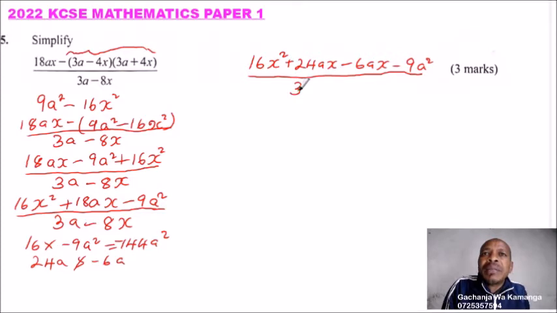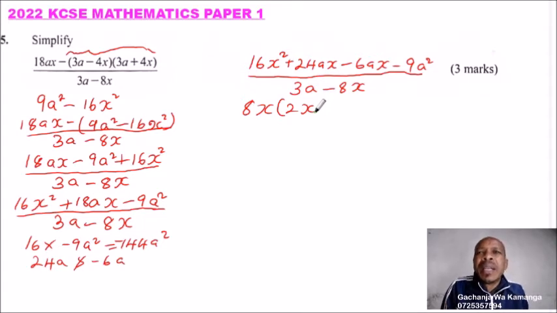So this is divided by 3a minus 8x. We factorize here, we factor 8. So we get 8 is common and x is common, so we factor out 8x. We'll be left with 2x, so that when you open up, you get 16x squared. And this is plus, when you factor 8x, you should be left with 3a.